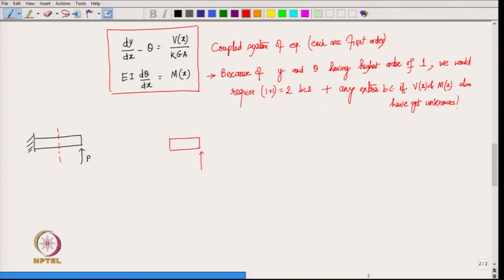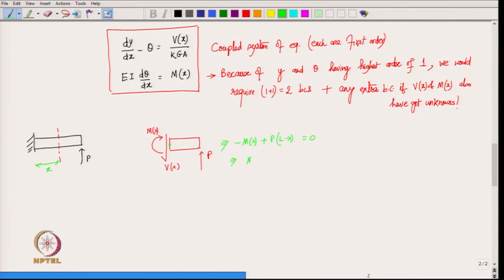So, we have P acting here, and at the cut section we have shear force going downward V of x and bending moment clockwise M of x. Okay. Now, if we do moment balance about this green point, then we get minus M of x plus P into L minus x, because we are supposing that this length is x. So, this is equal to 0.